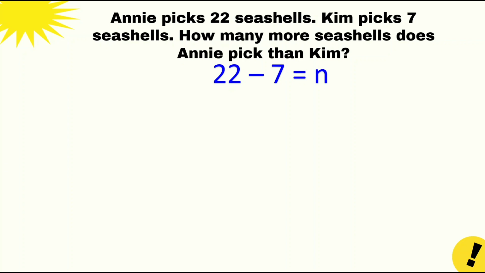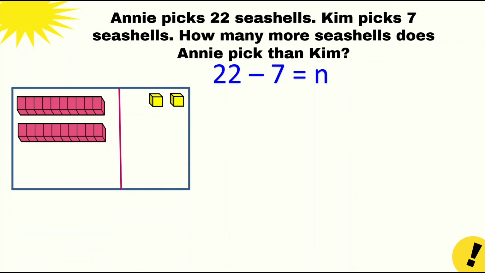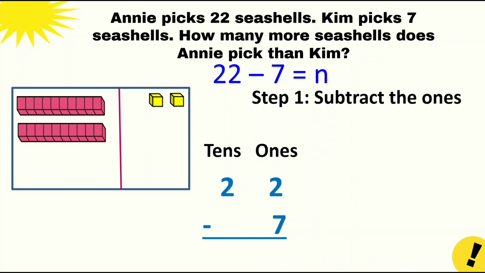So let's represent 22 using the base 10 blocks. We have 2 tens and 2 ones. Let's write 22 minus 7 in vertical form. Then ask yourself, can I subtract 7 from 2? No, right? So you need to regroup. You need to borrow from the tens.